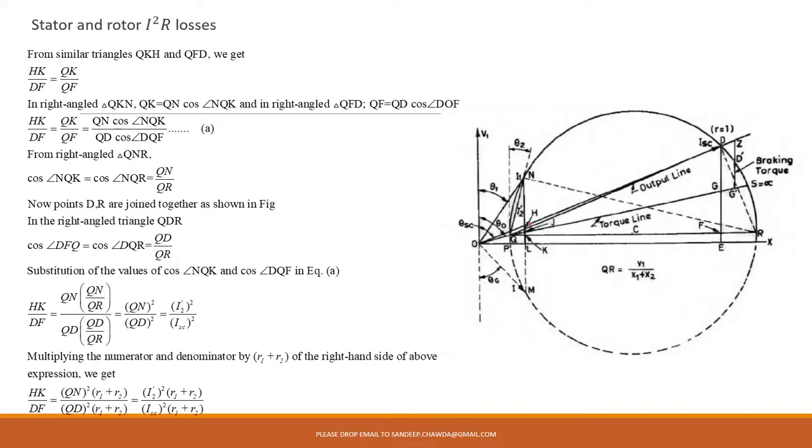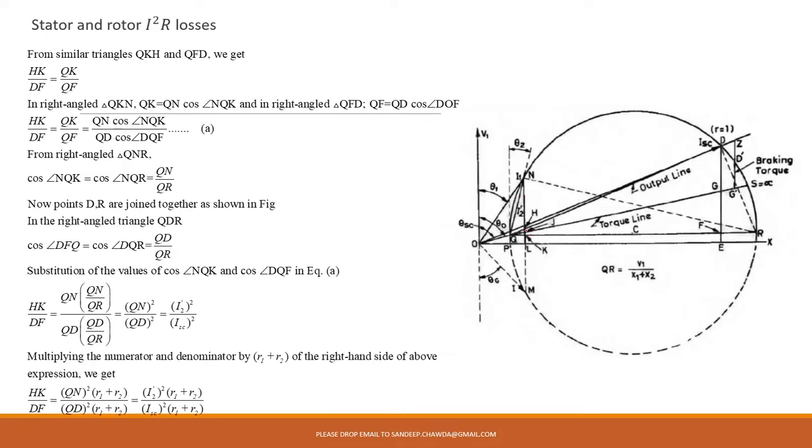Whatever is known to us, in that quantity we are going to write the expression, because whatever is unknown must always be represented in terms of known values. So from triangle QKN we have determined the value of QK, which will be substituted here. QN is nothing but I2 dash only. So in terms of I2 dash, you are going to get this value: QN cos angle NQK.